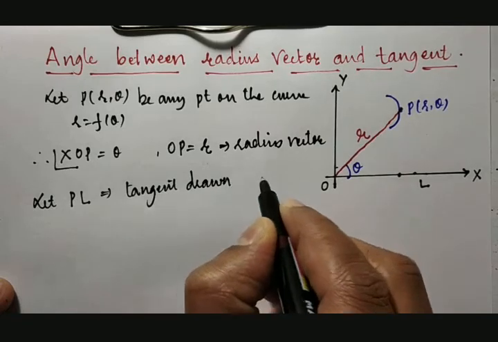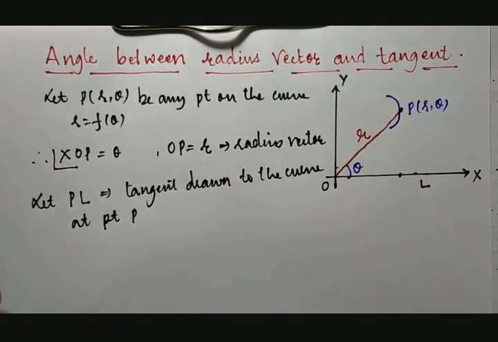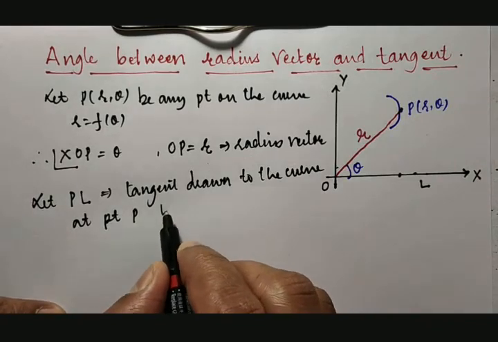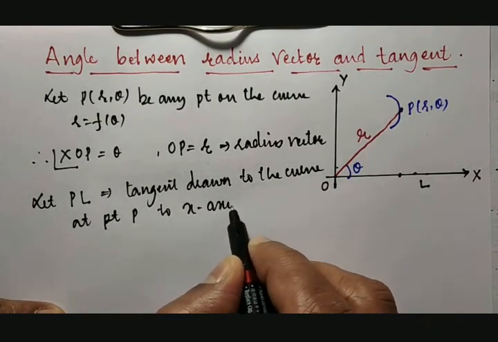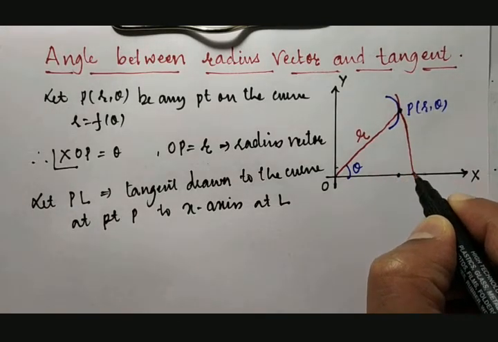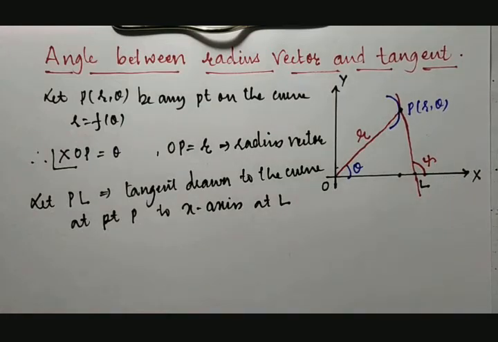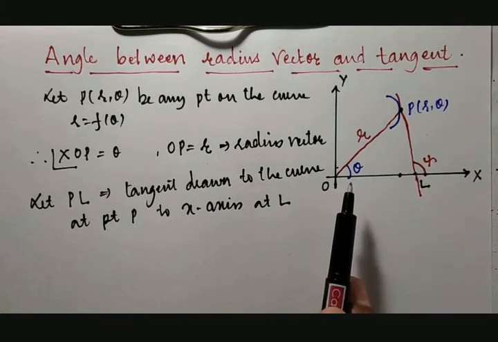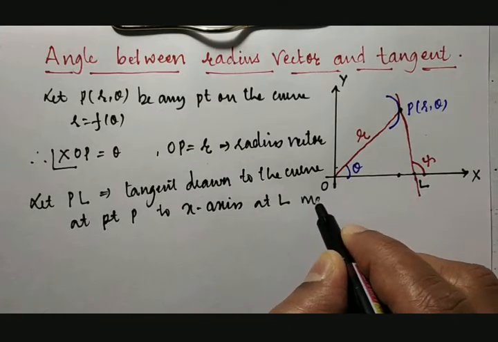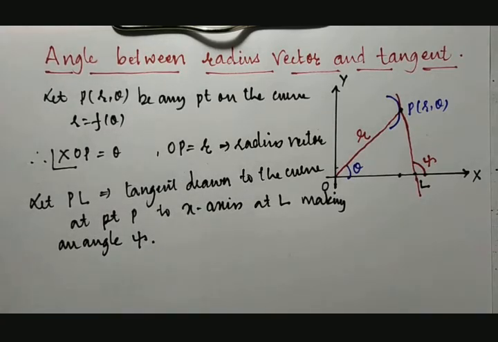Let us take from P to a point L, that is PL, a tangent drawn to the curve at a point P, from the point P to the x-axis at L. If you draw this tangent, it comes as a tangent drawn from here to L. It makes an angle called psi.